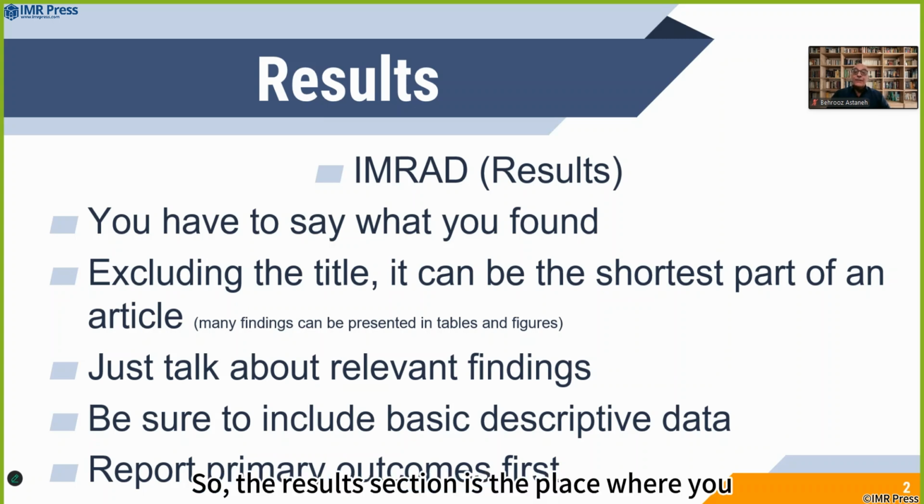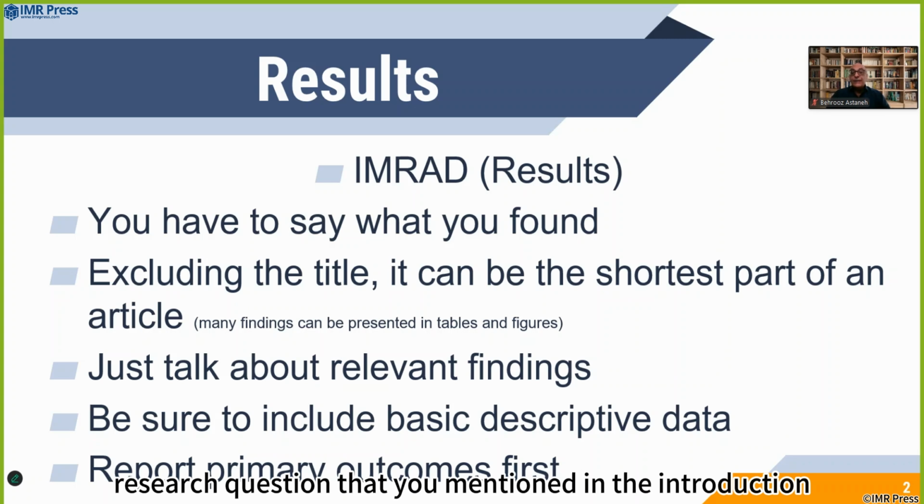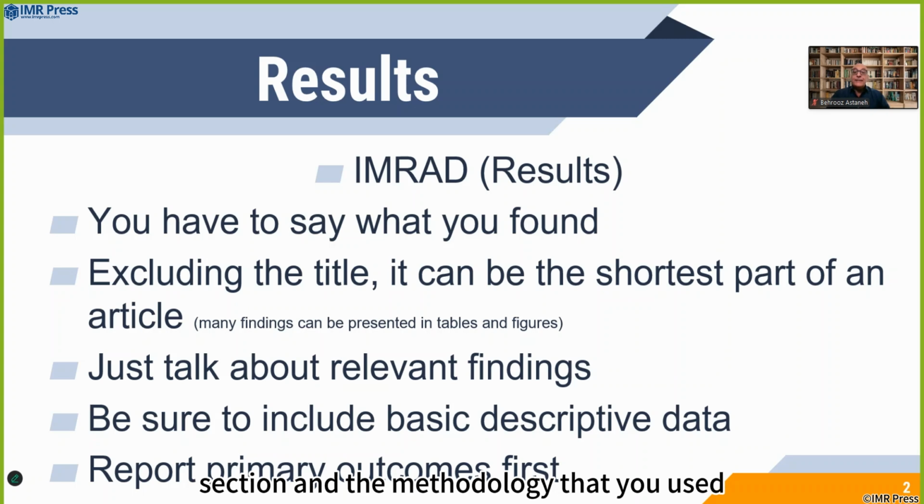So the results section is the place where you need to say what you found using the research question that you mentioned in the introduction section and the methodology that you used in the method section. Now you are going to tell the readers what exactly you found.